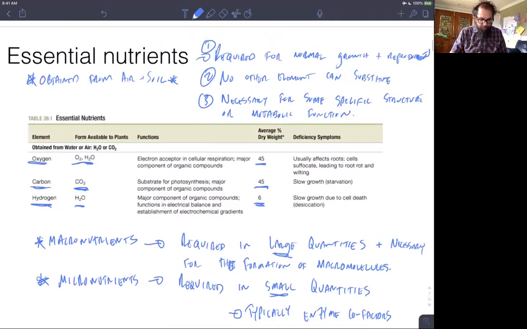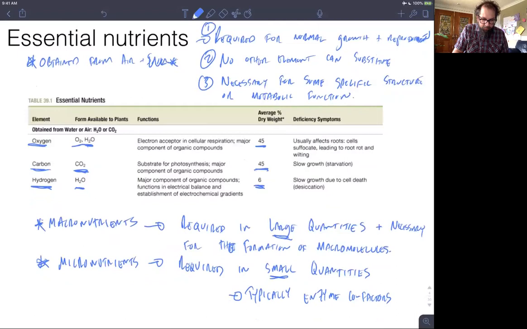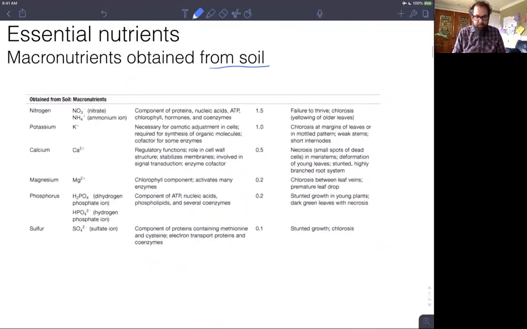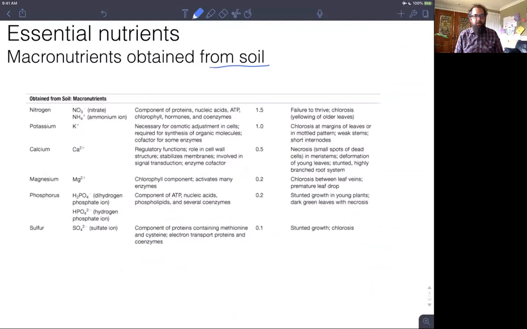So here, let me clarify this up here. So I shouldn't say air and soil. Let's say these essential nutrients are obtained from the air and water, and these essential nutrients are ones that are obtained from the soil. And so these are essential macronutrients. So we need these in large quantities, and they're typically components of these macromolecules.